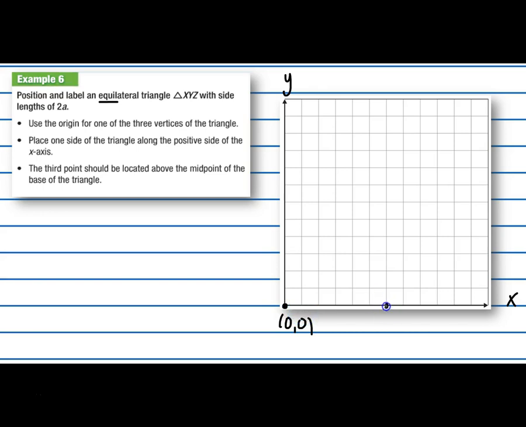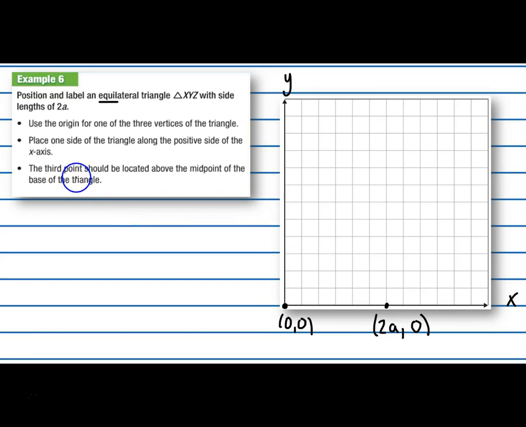So I'm going to choose right here. So the length between here is 2a for our x. And then remember, our y determines if it goes up or down. Well, it doesn't. So it stays at the same spot. Because of that, it's at 0. So we got 2 points of our 3 points for our triangle.